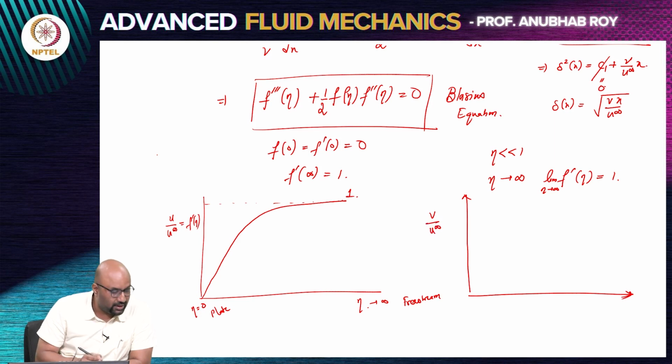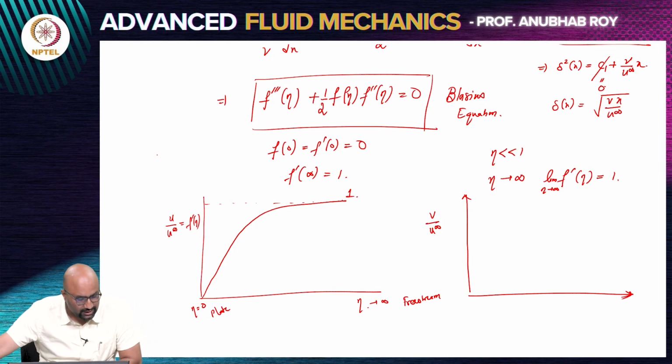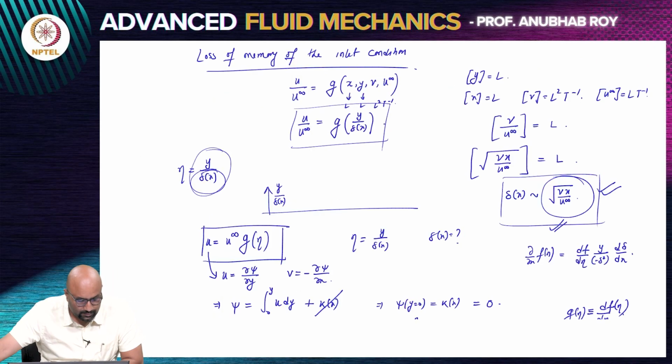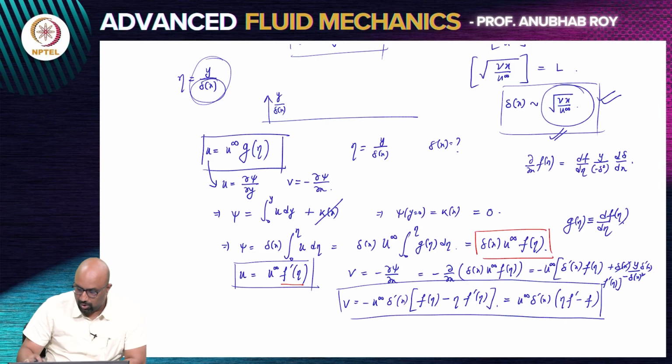V by u infinity. Now the vertical velocity, if you go back, you see is eta f dash minus f. Now f dash goes to unity.